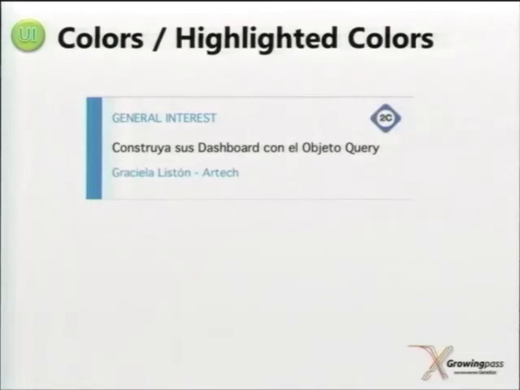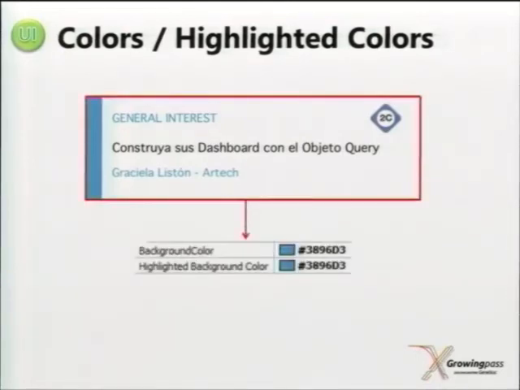So, we had the presentation grid, a control grid, and we defined what each line looked like. First, we had a table that took all the grid row, and we added background color and then highlighted background color, because we don't want the color to change.